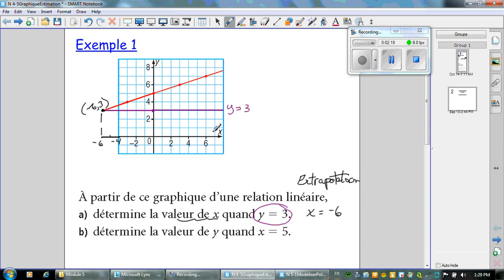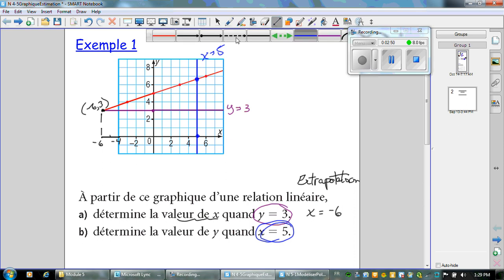All right, so for the second one, you're looking at x equals 5. So you need to locate 5 on your graph, x equals 5, right here. And you need to draw your line. We saw how, if x equals 5, it's a vertical line. So this line that I just drew, that's x equals 5. Now you're interested in the intersection point right here. So what is the value of y?